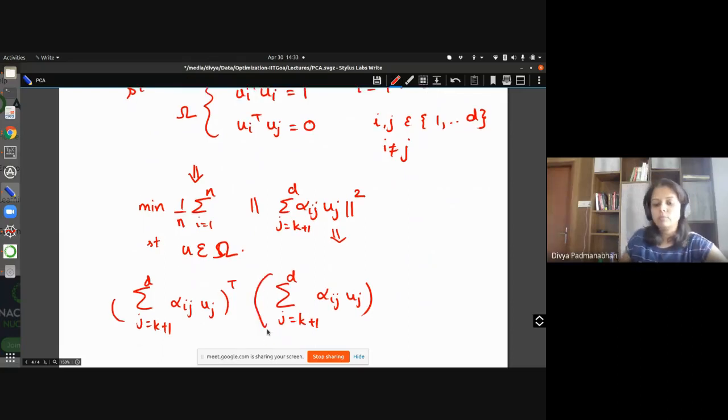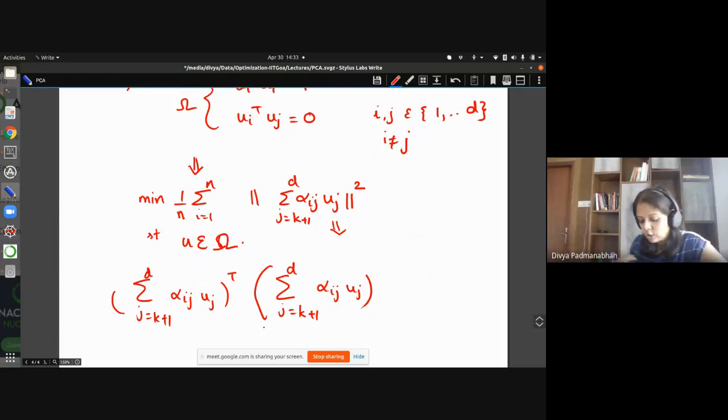Okay, so this is what we have, and you're going to have all these cross products. You will have all terms like u1 transpose u2, sorry, not u1, it's k plus 1 onwards. So the terms that are going to come are like uk plus 1 transpose uk plus 2 and so on, all the cross terms basically: uk plus 1 transpose uk plus 1, uk plus 1 transpose uk plus 2, and so on up to uk plus 1 transpose ud.